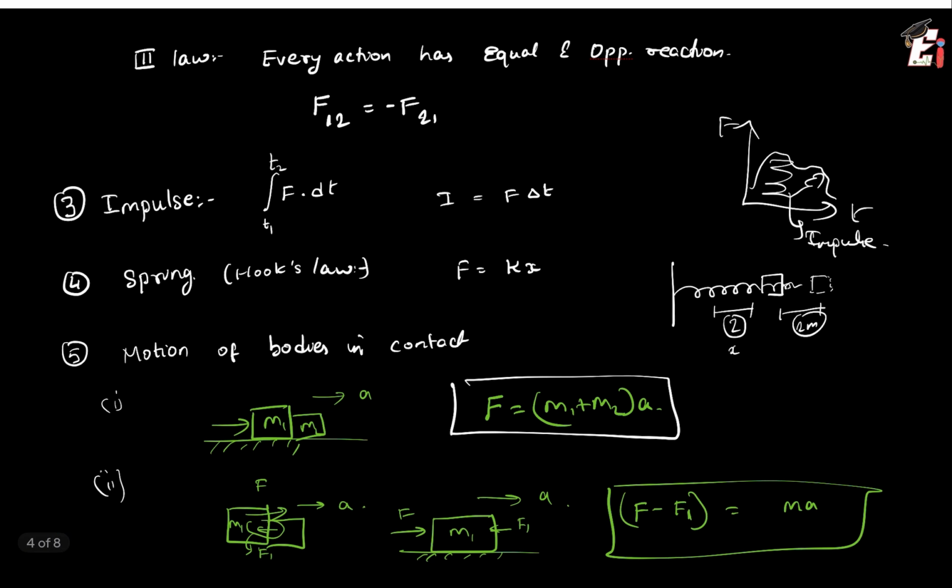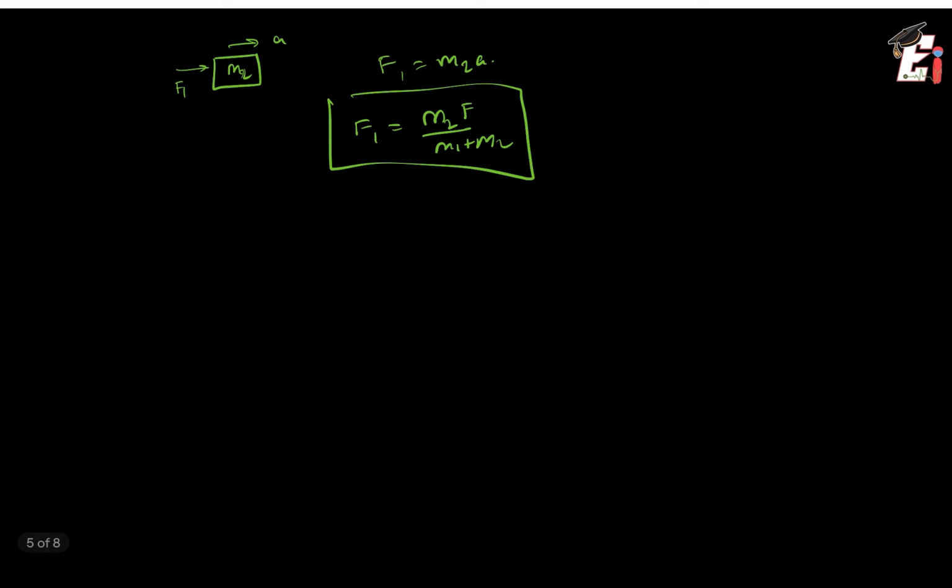This is the formula. You can clearly see here, F1 into m1 plus m2 is equal to F m2. This is basically the formula.